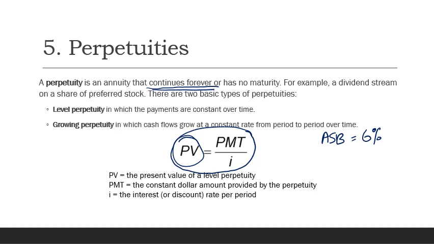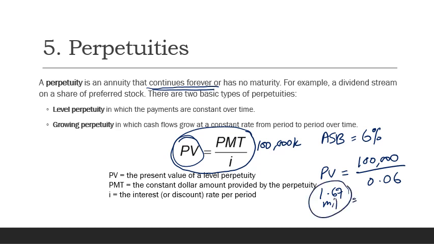If you want to get, say, 100K each year, you just plug the numbers into this formula. So PV is equal to the payment divided by 0.06. Let me calculate: 100,000 divided by 0.06. So you need 1.67 million.